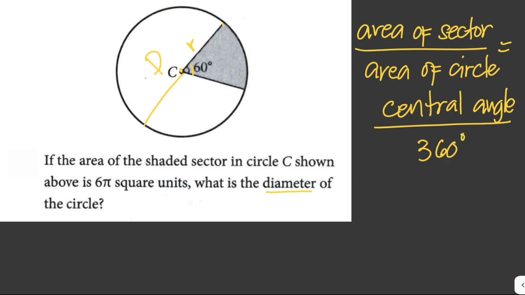So it's just like ratio and proportion. And now we can solve for the area of the circle, and then find the radius, then the diameter of the circle.